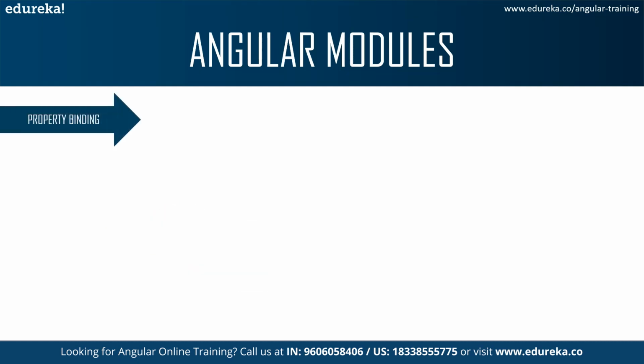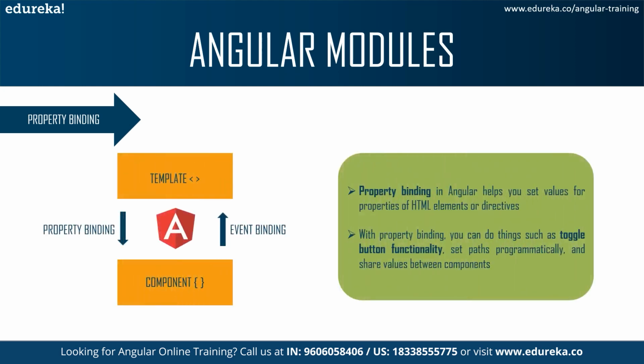Now, there are several types of binding, as we've already seen. First thing we see is property binding. In property binding, as we've already discussed, binding is needed in order for us to communicate between our component and template.